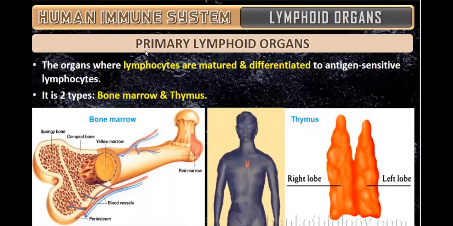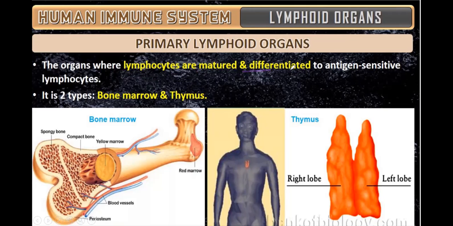Primary lymphoid organs. The organs where lymphocytes are matured and differentiated into antigen-sensitive lymphocytes are called primary lymphoid organs.